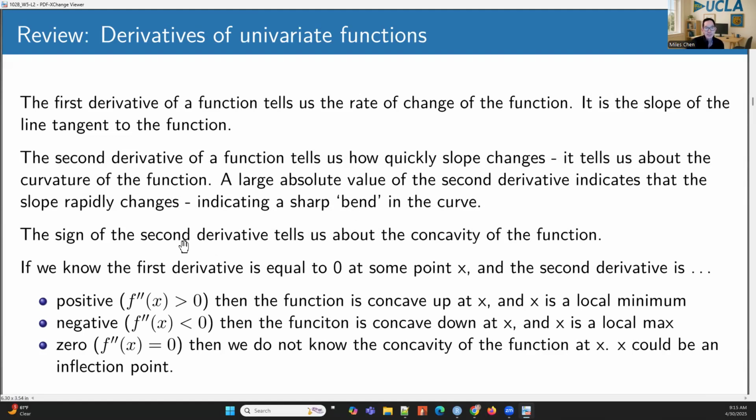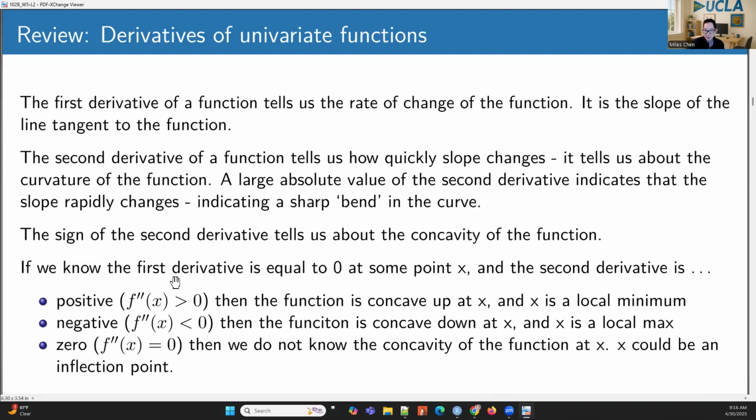And then the sign of the second derivative tells us about the concavity of the function. And so if you have a positive second derivative, it means you're going from negative to positive slope, and so it's concave up, and the location there at x is going to be a local minimum if you have the derivative equal to 0.